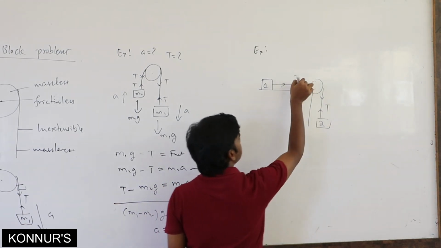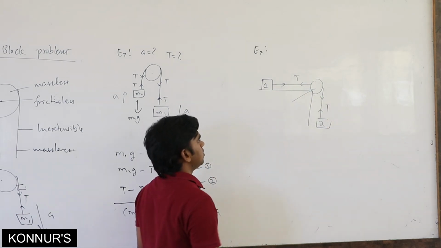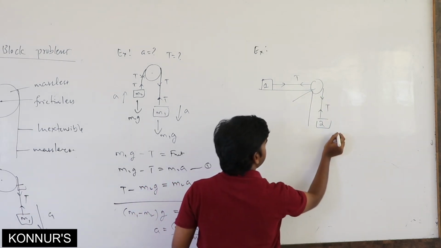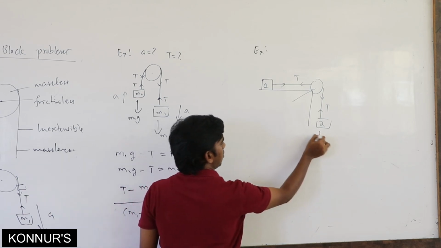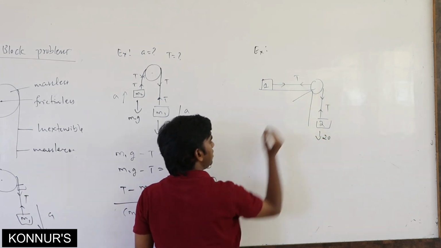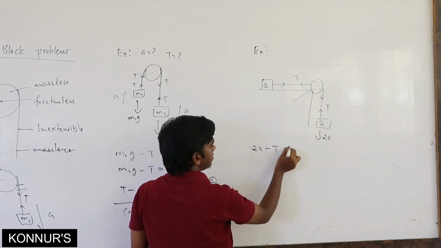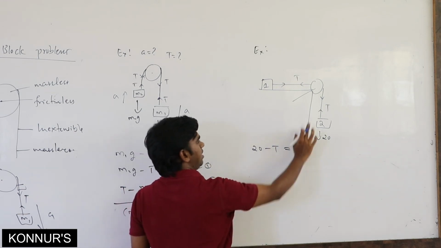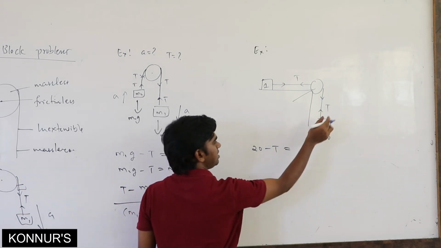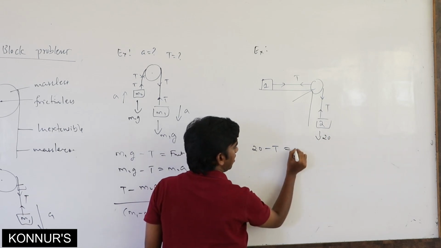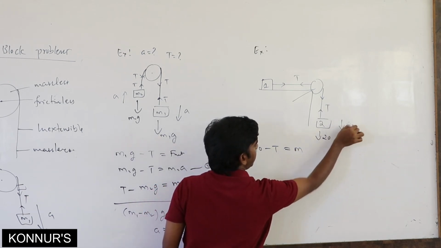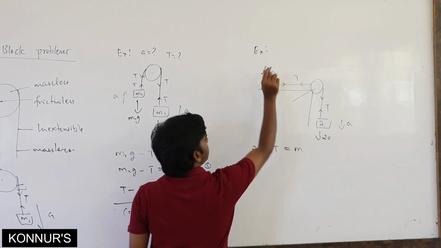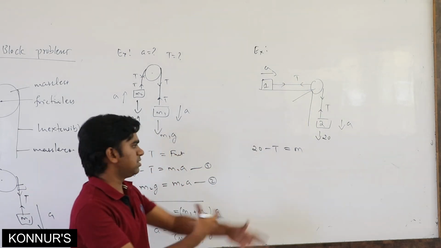If this is T, this is also going to be T. So what is its acceleration, or what is the net force? Downward is 20, upward is T. 20 minus T equals F net. What is F net? Mass into acceleration. Take acceleration as a. Both are connected, so they move with the same acceleration.